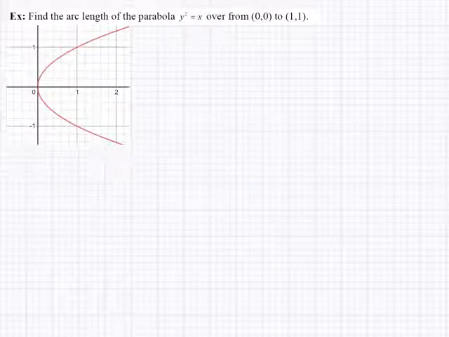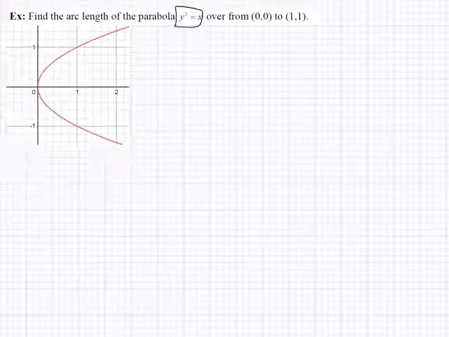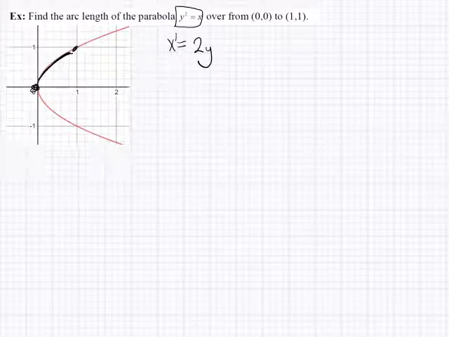And so this is a function of y right now. So we're going to do everything in terms of y. You see we get this parabola. We're going from 0, 0 to 1, 1. And if I thought about this in terms of y, I would figure out what x prime equals, which would be 2y. And so my arc length formula would be the integral from, think about the y values we're working with here.